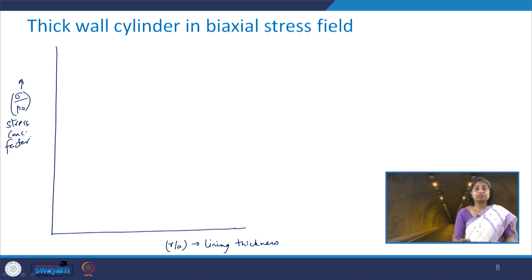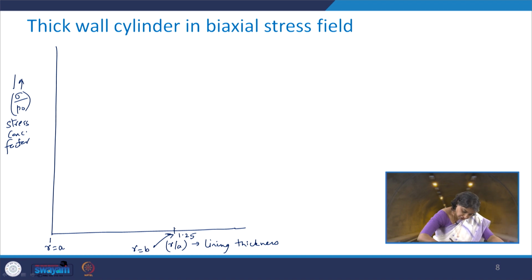You recall I mentioned how we were defining the stress concentration factor in a similar manner, that is the stress divided by the external pressure in this case, and in the earlier case we had that as in situ stresses. So, B by A equal to 1.25. So, let us say I write this point as 1.25 and here this point is 1. So, basically this will represent R equal to A and this point will represent R is equal to B.